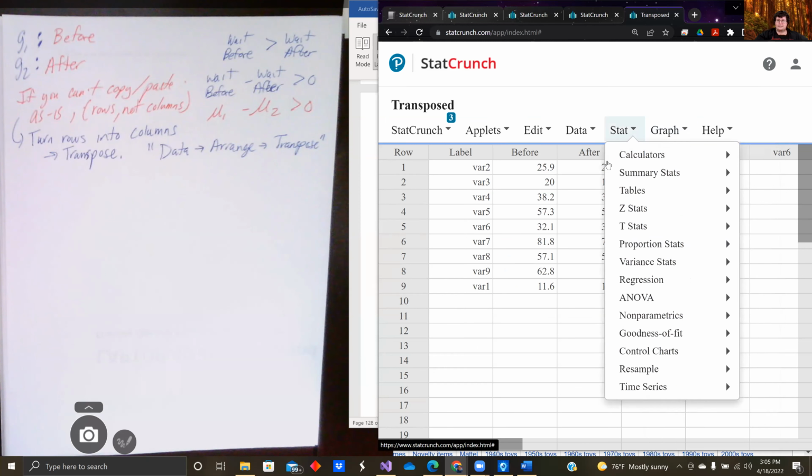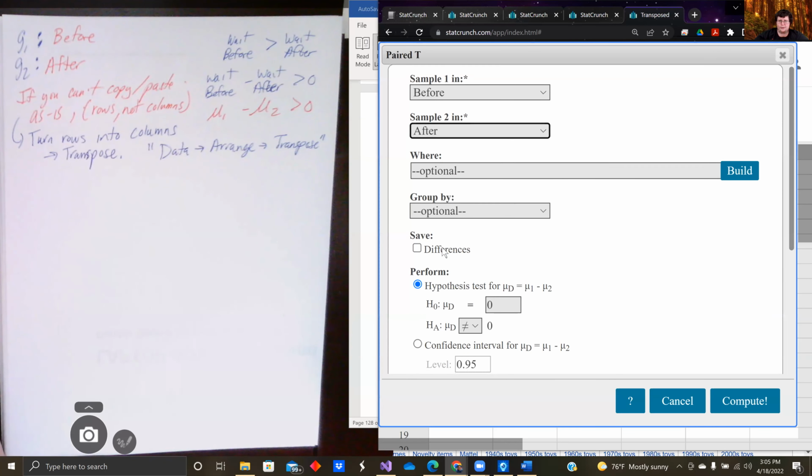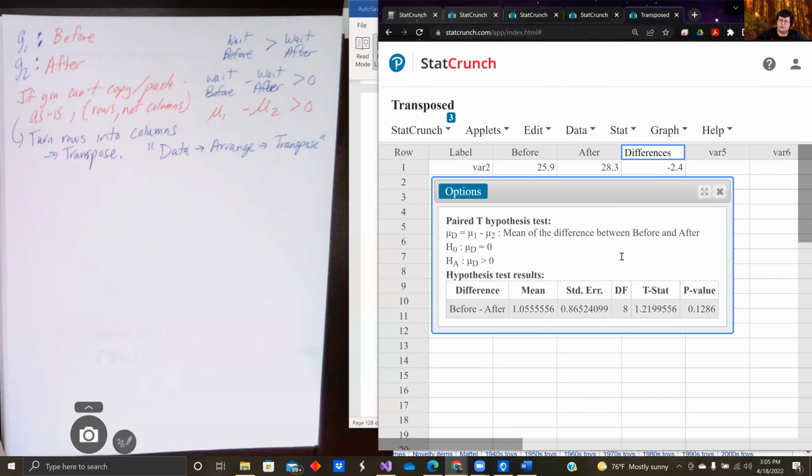So I'll redo this test. We're going to go stats, t-stats, paired. And we said group 1 was before, group 2 was after, and we want mu1 minus mu2 to be greater than 0. So it gives me some data.